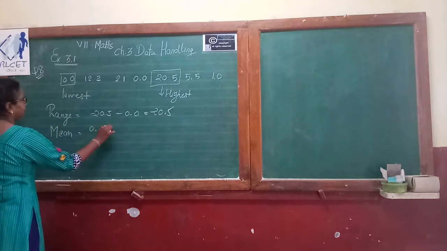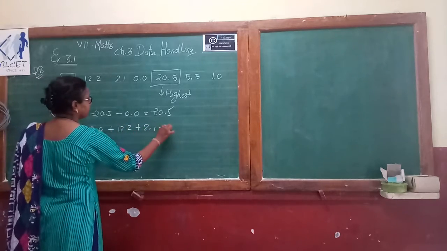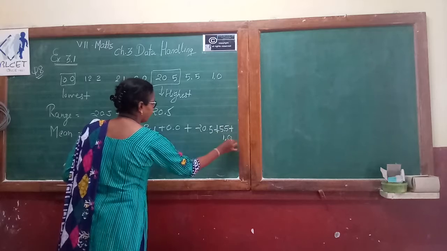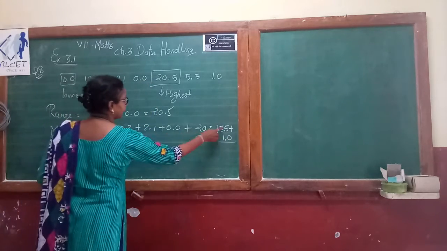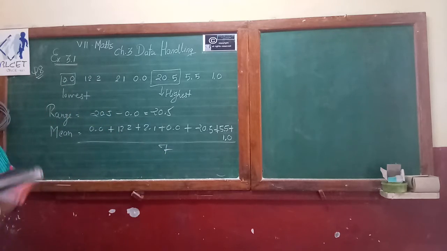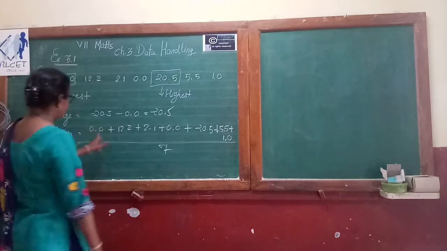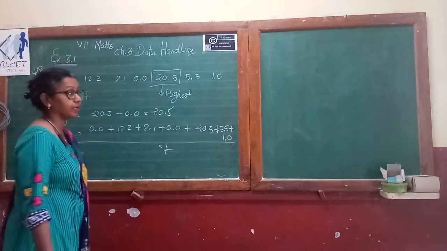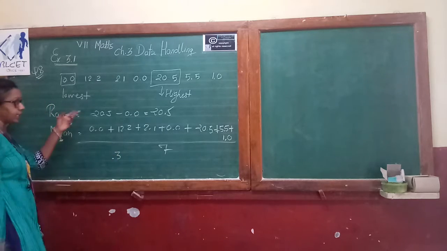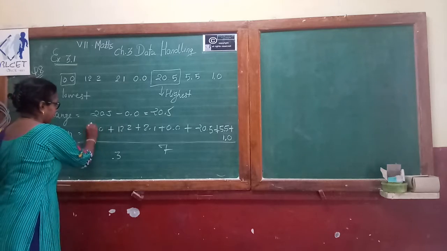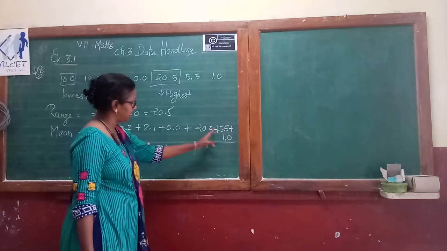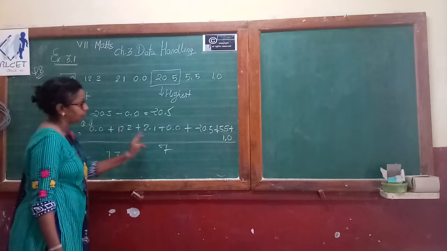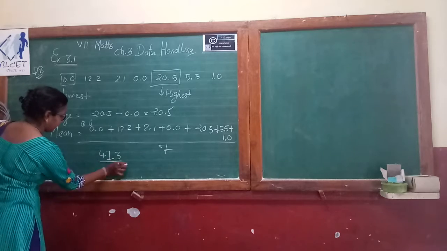Do the addition 0.0 plus 12.2 plus 2.1 plus 0.0 plus 20.5 plus 5.5 plus 1.0, whole divided by 1, 2, 3, 4, 5, 6, 7. 1 is carry over, so 2 plus 1 is 3, 3 plus 2 is 5, 5 plus 5 is 10, 10 plus 1 is 11, again 1 is carry over, so 1 plus 1 is 2, 2 plus 2 is 4, so 41.3 divided by 7.